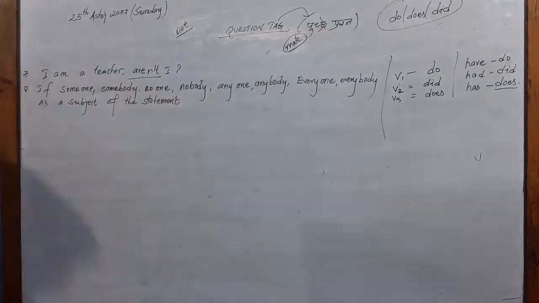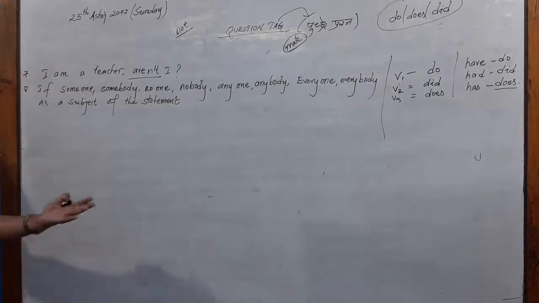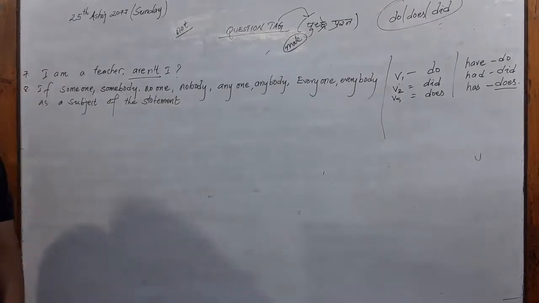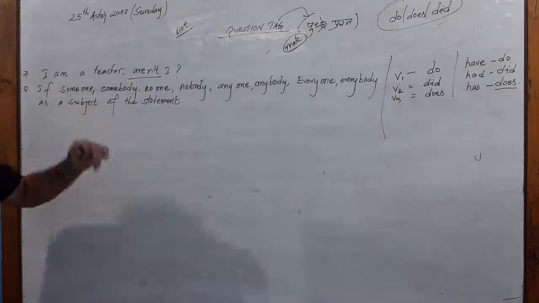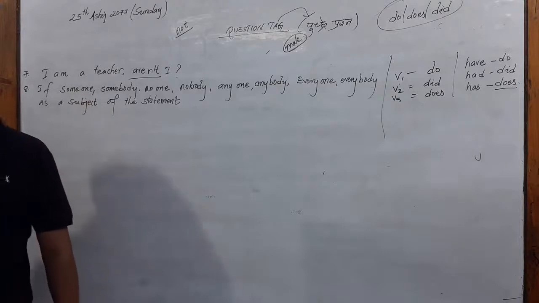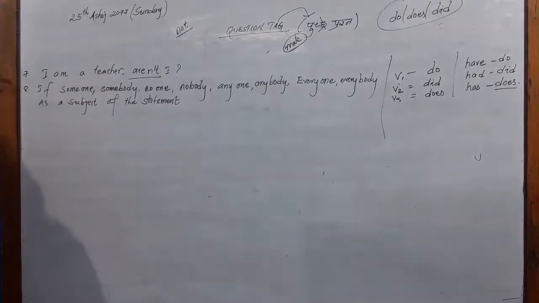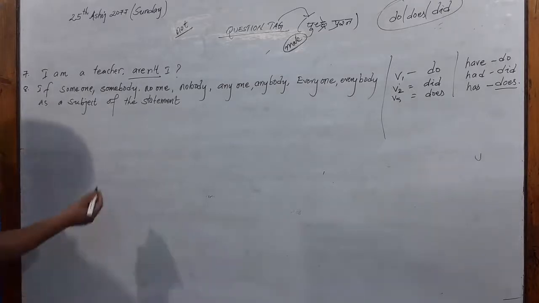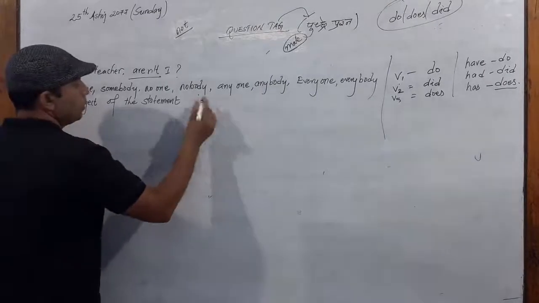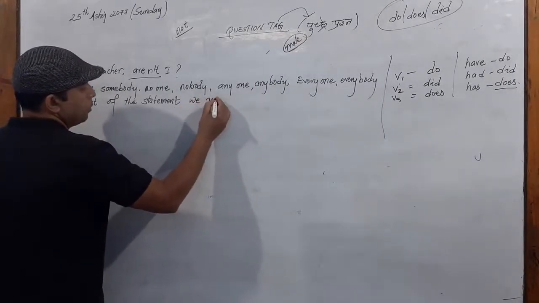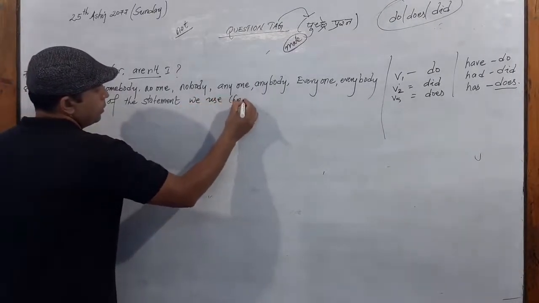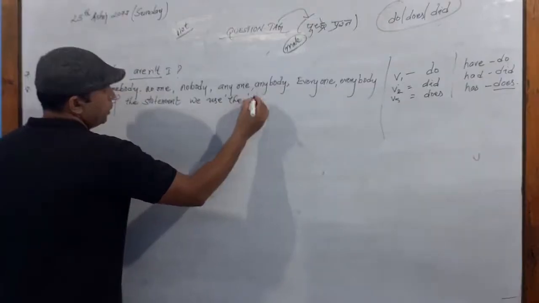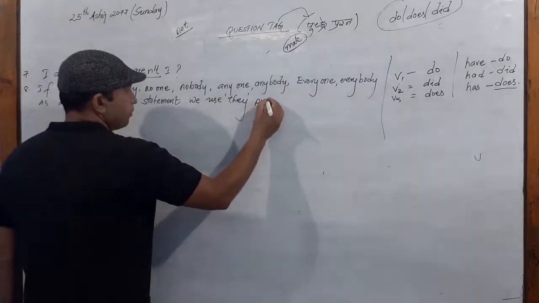The statement को subject चाहिँ के छ? Ram, Shyam, he, she छैन, they छैन. के छ? Someone, somebody छ. We use which pronoun? They. We use they pronoun.